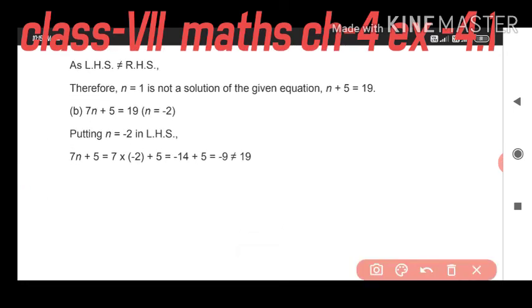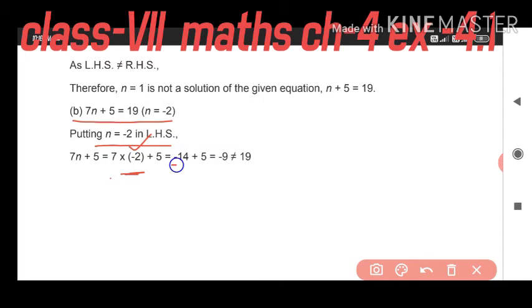You can see this is the given equation, isn't it? Now put n equal to minus 2 in the LHS. So 7n plus 5 is equal to 7 into, in place of n, minus 2. You will not put only 2, you will put minus 2 also. So 7 into minus 2 plus 5 is equal to, now 7 2s are 14, and here minus is there, so it will become minus 14.